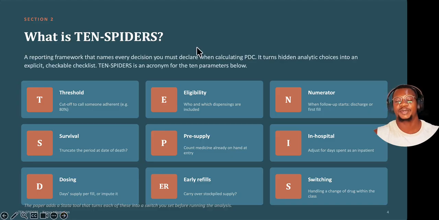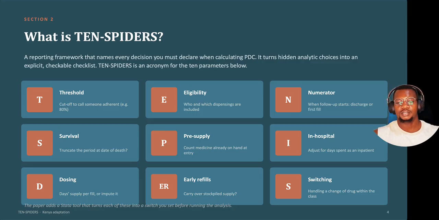So what is 10 spiders? We look at the threshold, which is the cutoff point, that is 80%. The eligibility, in that who and which dispensings are included in the PDC approach. The numerator, when follow-up starts, discharge or fast fill, which one would you pick?